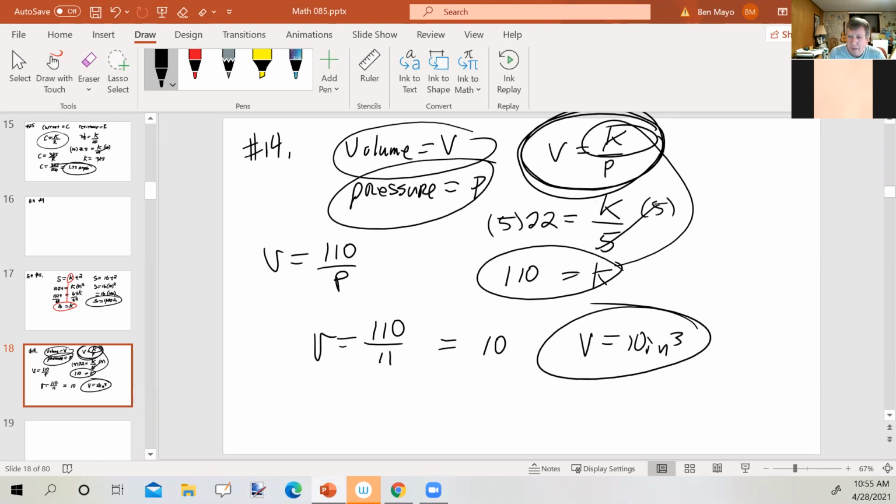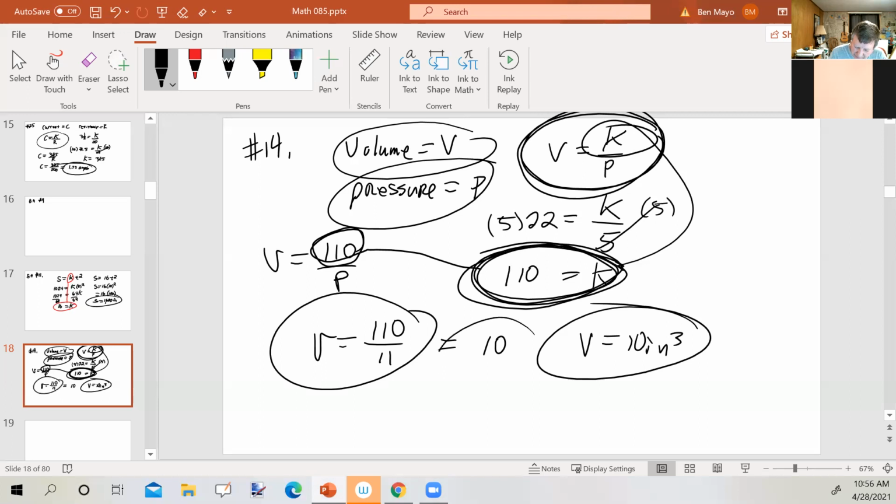Then they gave us some information about the volume and the pressure, which allowed us to determine what the variation constant was. Then we took that information and put it back into the general formula to get a specific formula. So we replaced K with 110. Then we looked at the additional information they gave us, where it said, what if there's 11 pounds of pressure per square inch?